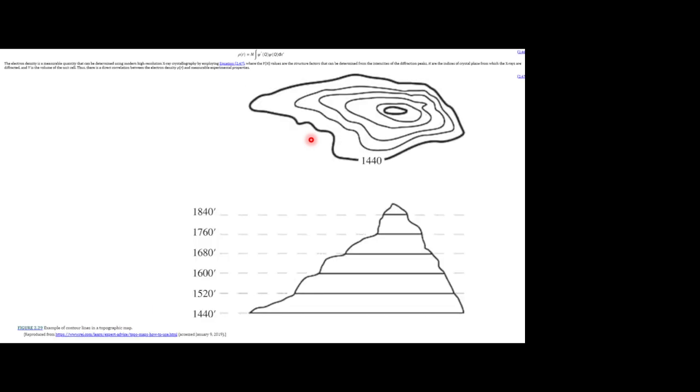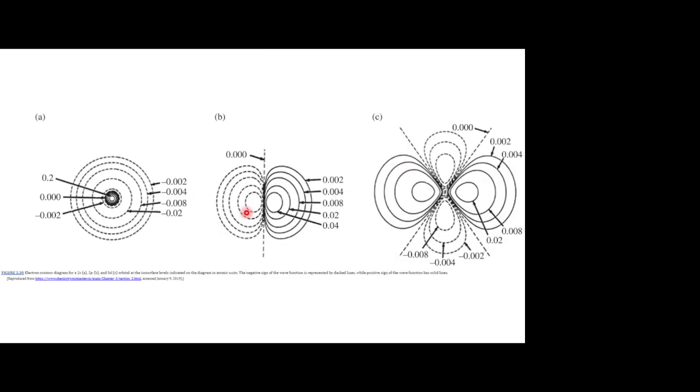Okay, and so this right here is the electron density measurements undergoing a topographical map for these electron densities. And what we can see is this is a better representation that makes it look more like a three-dimensional shape. And so this right here would be your 2s orbital, right? See the s orbitals? Okay.